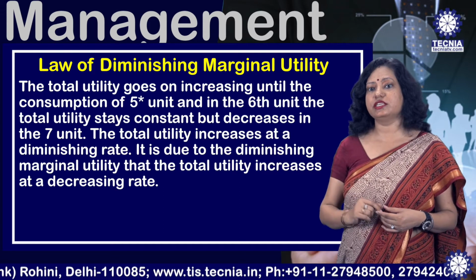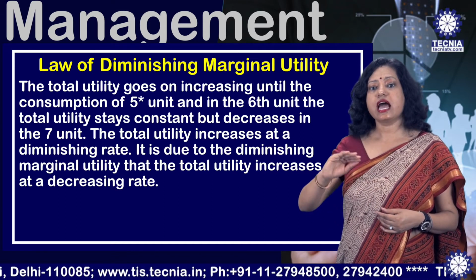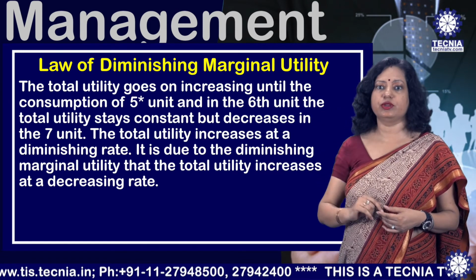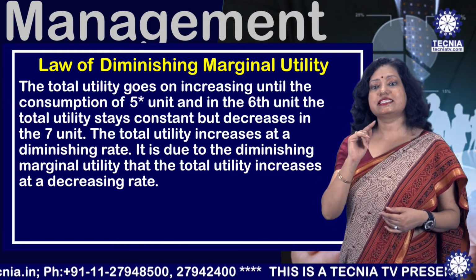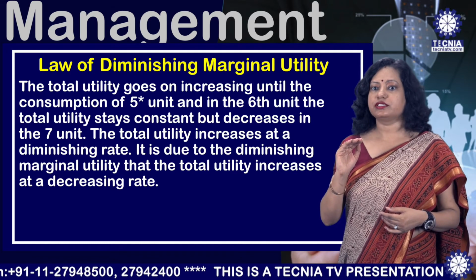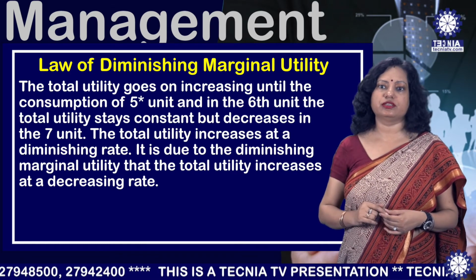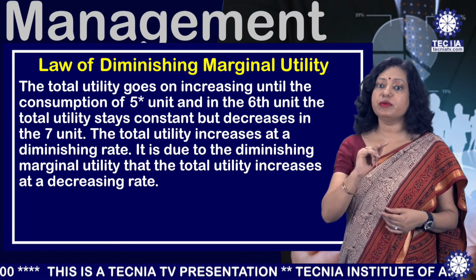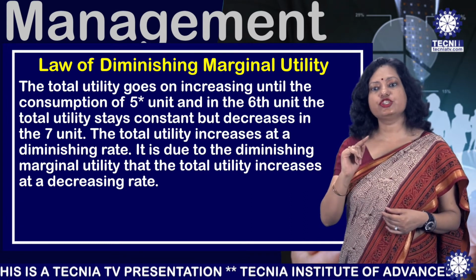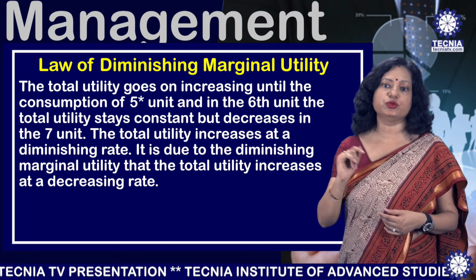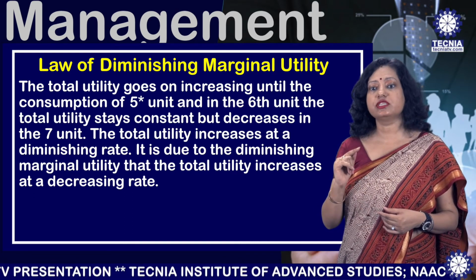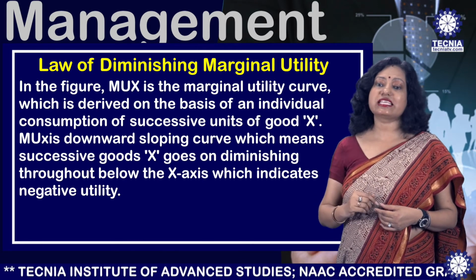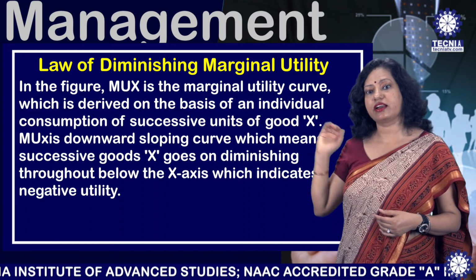The total utility goes on increasing until the consumption of the 5th unit, and in the 6th unit the total utility stays constant but decreases in the 7th unit. The total utility increases at a diminishing rate. It is due to the diminishing marginal utility that the total utility increases at a diminishing rate. Now, I will explain this with the help of the diagram.